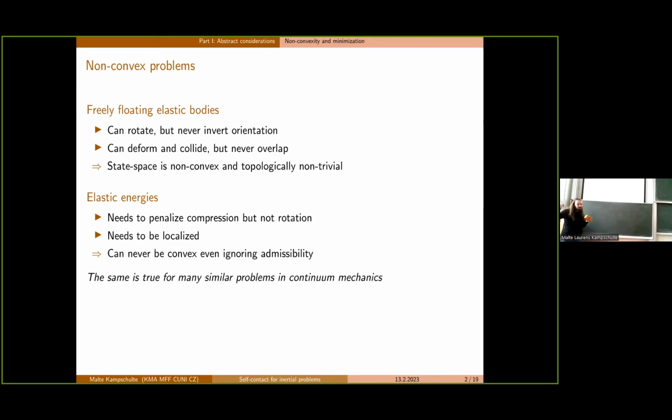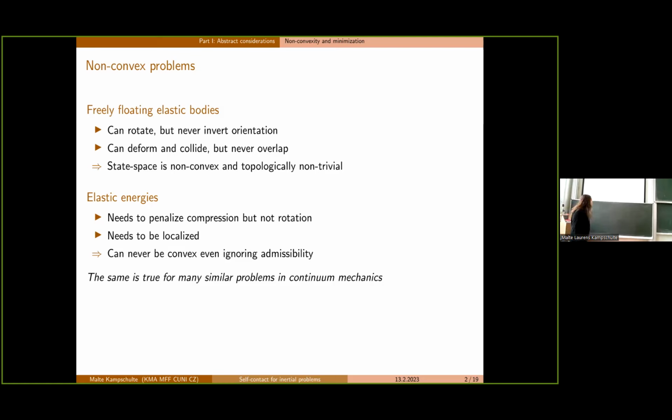You can always take linearized models around a certain given deformation, but as soon as you bend this strongly, as soon as you turn it, that's gone, because you need to penalize compression, but rotation should be completely free. If this has zero energy, this should also have zero energy, except for gravitation.